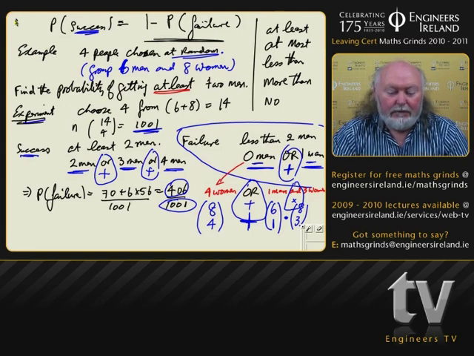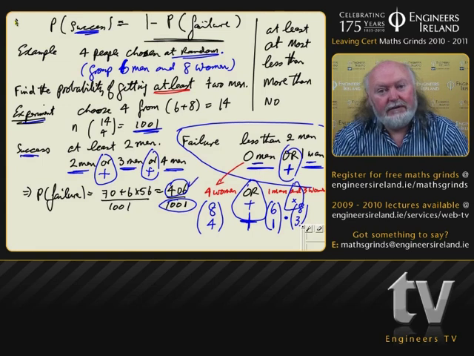Of getting 4 people from 14, there's only 1001 ways, and of those 406 of the ways would give you a failure, that's no men or just 1 man.